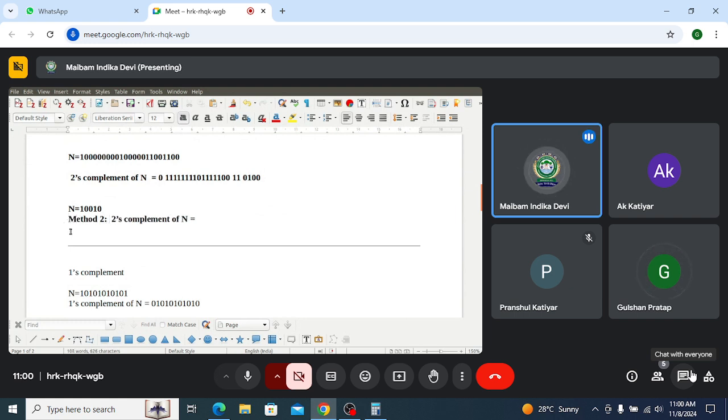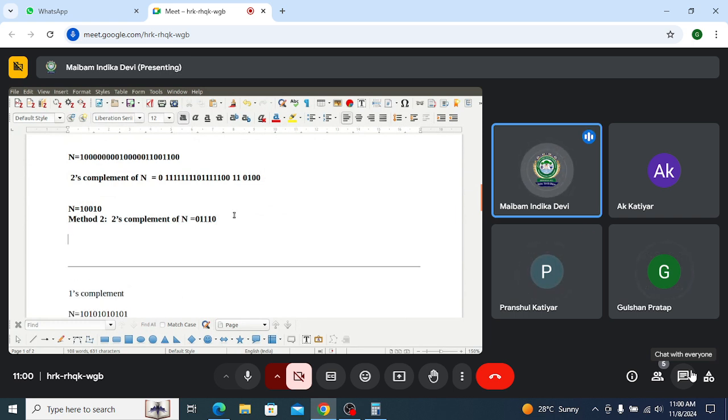You just put this 0 and this 1 unchanged, the least significant zeros unchanged and the first one unchanged, and then you exchange all zeros and ones, right? So it will be 0, 1, 1, then 1, 0. This is the answer for the 2's complement of n, right?